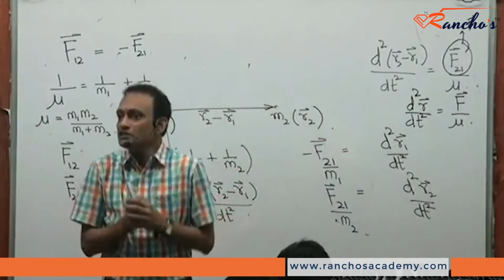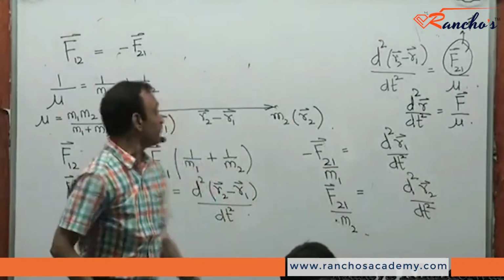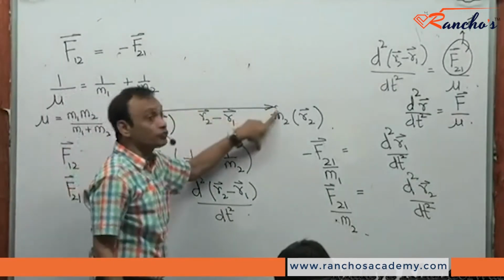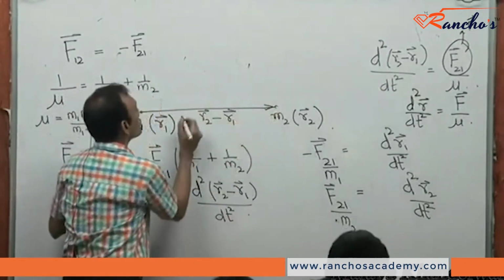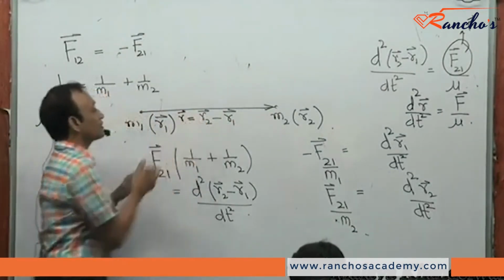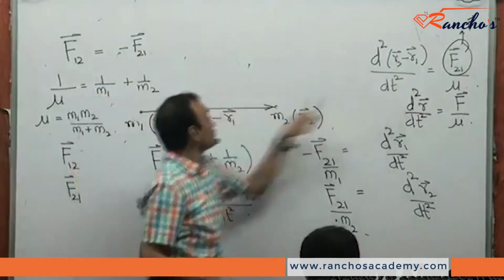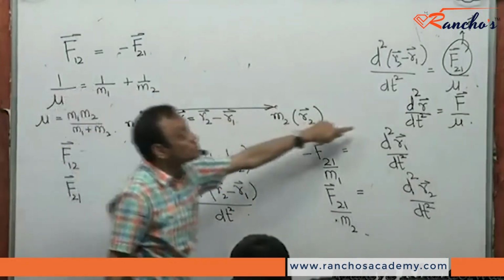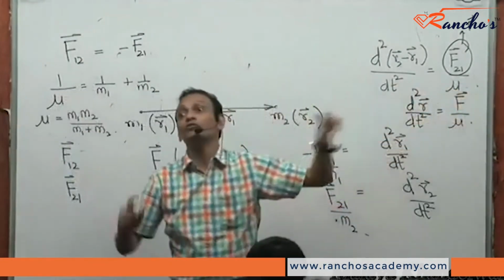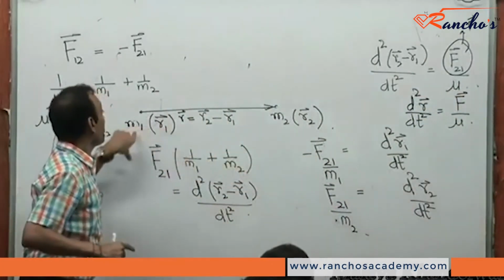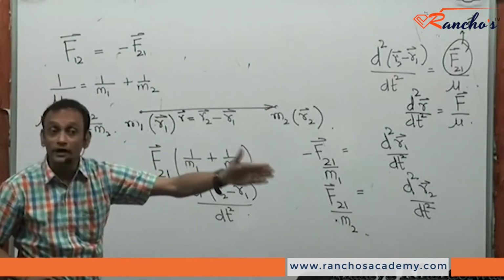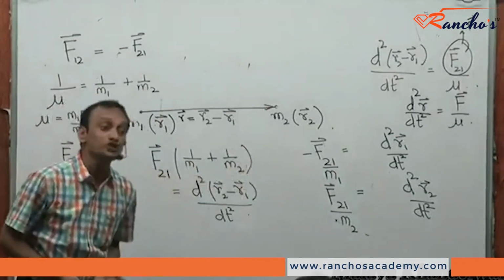That means if you imagine particle 1 to be fixed, then the motion of 2 is exhibited. If this would be the vector r, then this would give me the rate of change of this position with respect to m1. That means this would tell me everything about what m1 thinks of m2 in terms of velocities, accelerations, and trajectories.